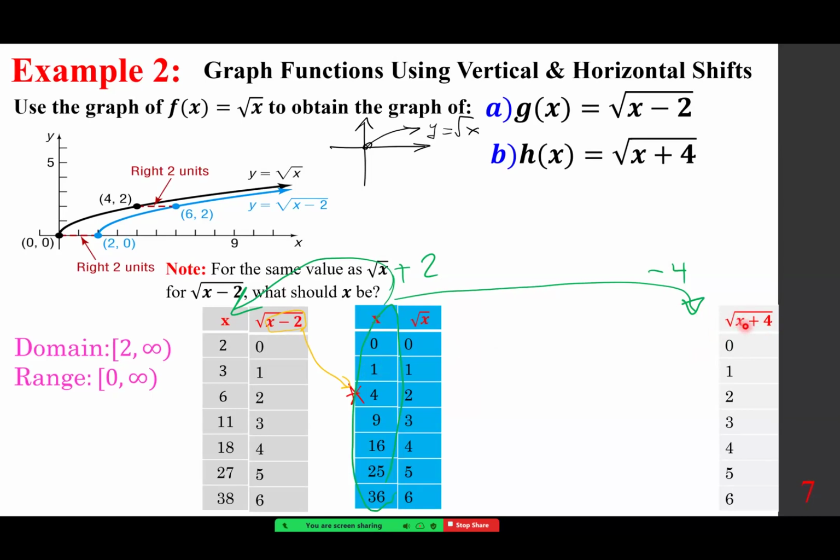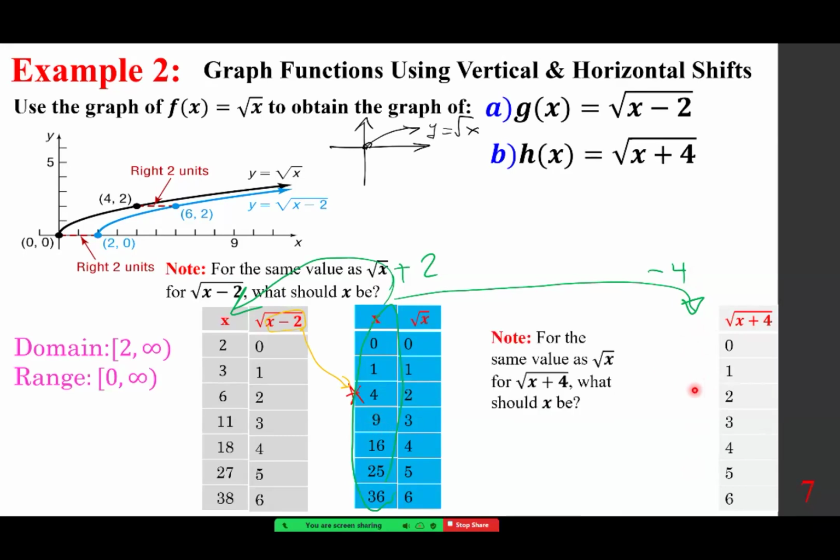If I put negative 3 plus 4, I get 1, square root of that is 1. If I subtract 4 from this number, I get 0. 0 plus 4 is 4, square root of 4 is 2. So this column, write the same column minus 4. 0 minus 4, 1 minus 4, 4 minus 4, 9 minus 4, okay?